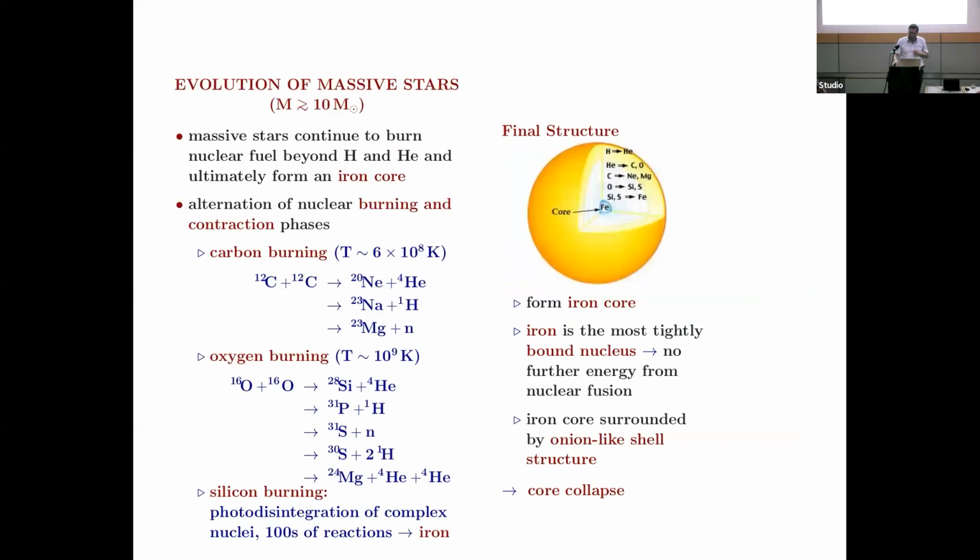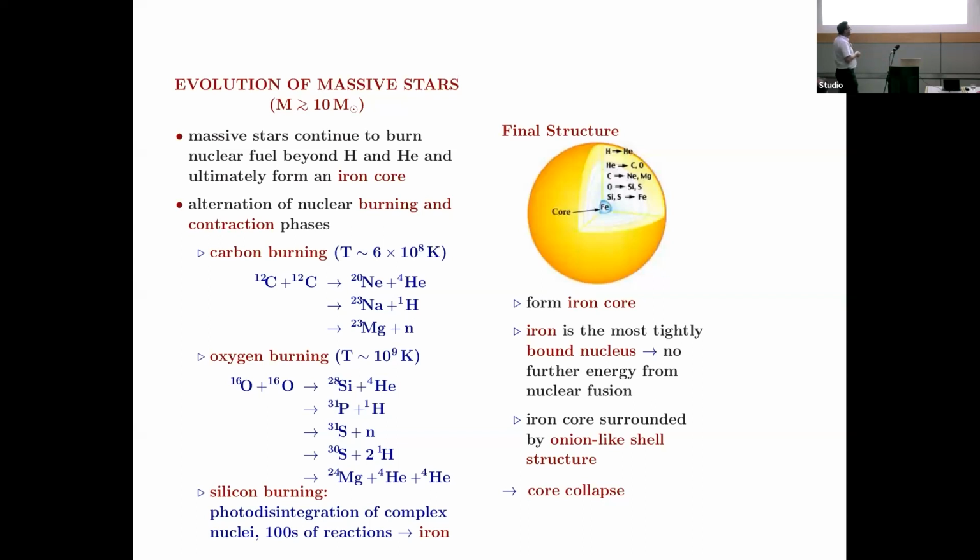For more massive stars, and I'm now talking about stars that are perhaps 10 times the mass of the sun, after helium burning you get another contraction phase, and at some point you fuse carbon to elements like neon and sodium. And after carbon burning, first a short phase of neon burning and then oxygen burning at higher and higher temperatures, fusing heavier and heavier nuclei. But all of that has to end at some point when you have iron in the center.